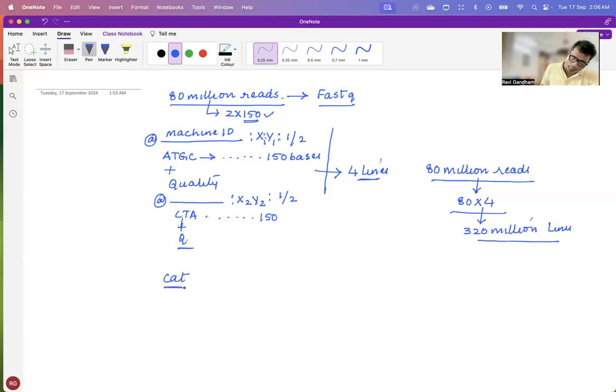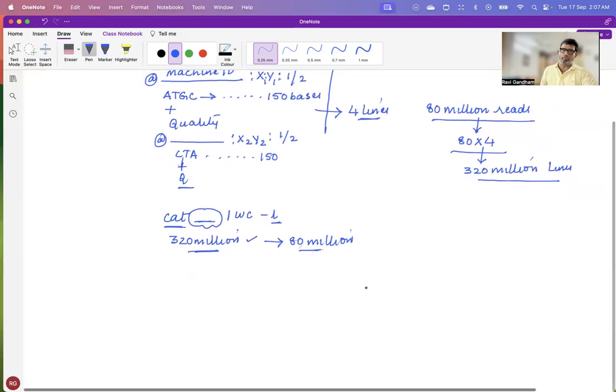Cat stands for opening the file, then the file name, then pipe it along with wc -l, which means word count in terms of lines. If this throws 320 million on the screen, it means that for this file name you have 320 million lines, so there are around 80 million reads. That's how you initially counter-check your data for the number of reads generated in a file.